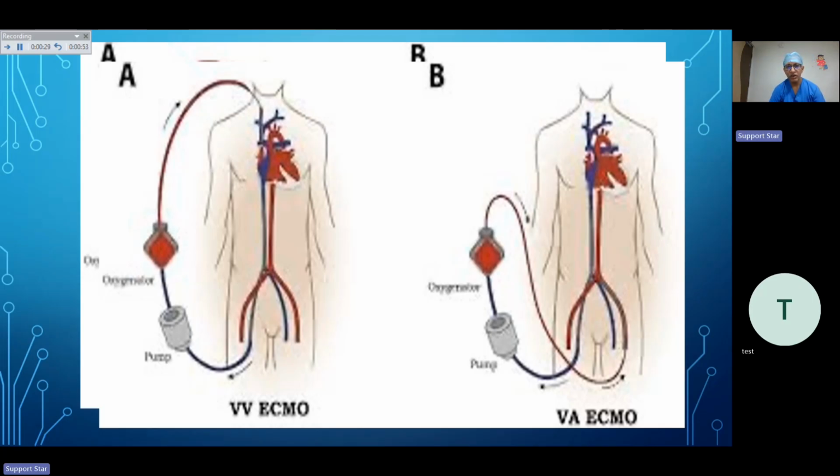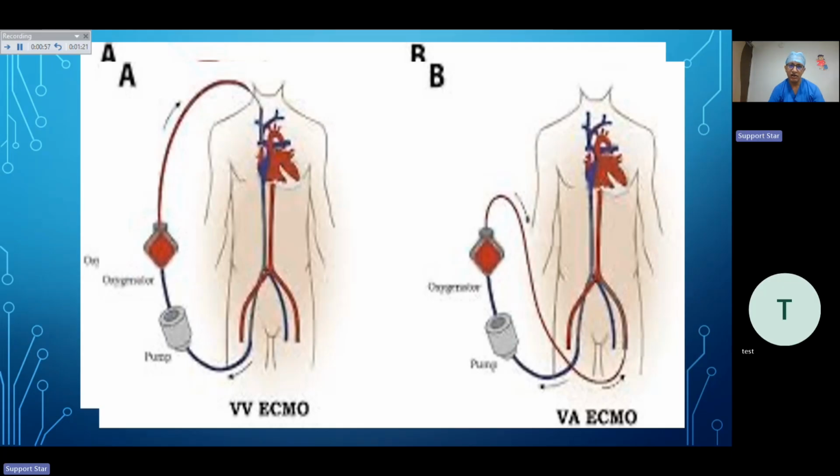So in VV ECMO, usually in children and adults, we take the drainage from the femoral vein and return back to the internal jugular vein. This VV ECMO is used for oxygenation failure and ventilation failure, that is the carbon dioxide retention. So it's in impaired gas exchange with respiratory failure, despite managing on maximal medical therapy, including advanced ventilator therapies.